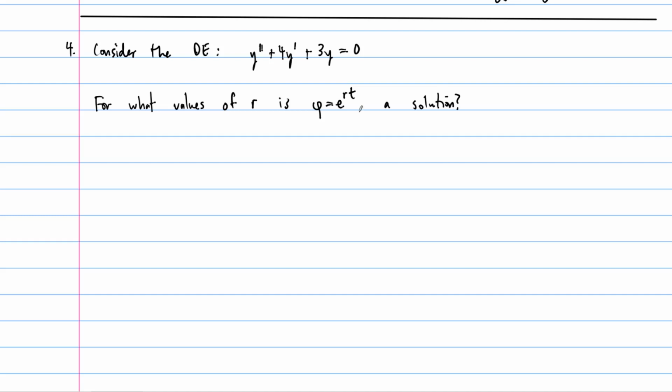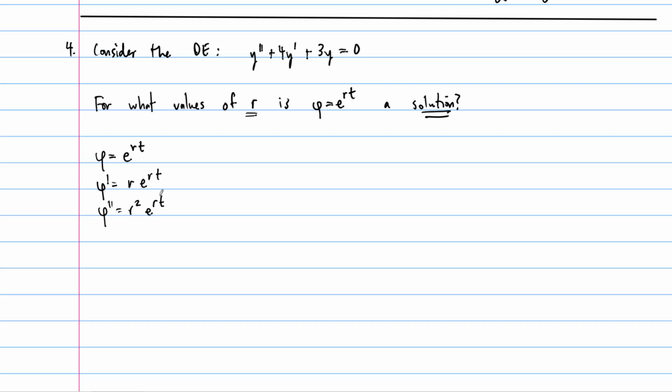Okay, now that you've had a second to work on this one, you have to do the same thing that we just did on the previous one, which is to write down our potential solution. We hope it's going to be a solution. And then take its derivatives, and we'll have to plug those in, right? So phi is e to the rt. Phi prime: r is going to be a number here, so the derivative of this is r e to the rt. And phi double prime is r squared e to the rt.